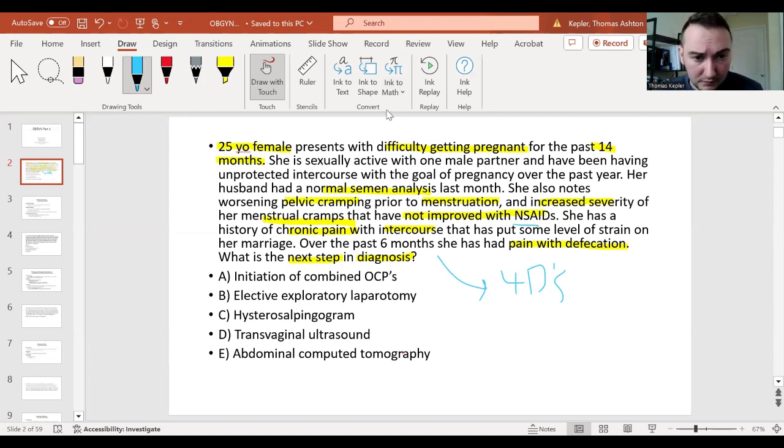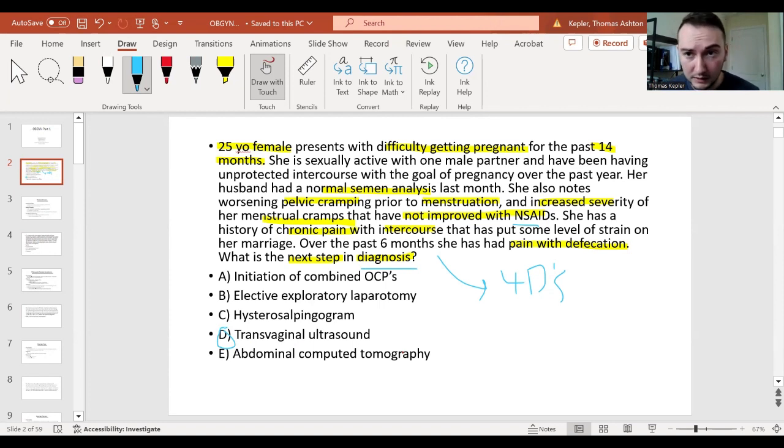However, there's something you need to do in the diagnostic pathway. Whenever we're talking about diagnosis and treatment, there's diagnosis, there's treatment, and then there's management, which sometimes blends the two together. Here, we're just talking about diagnosis. First thing you're going to want to do is a transvaginal ultrasound.